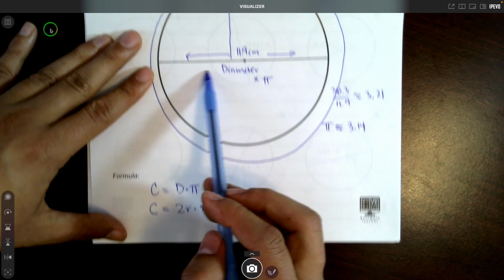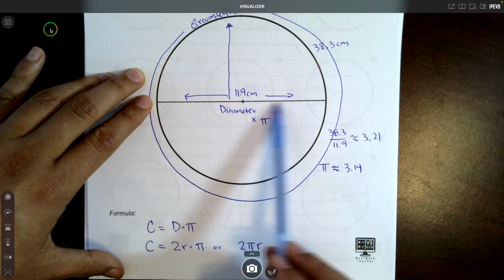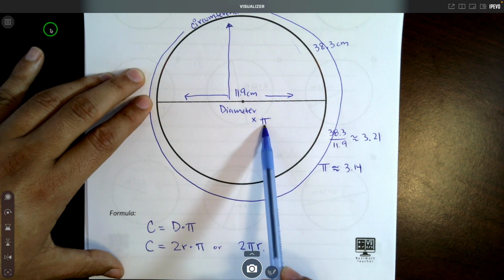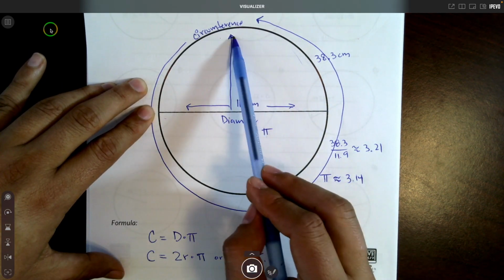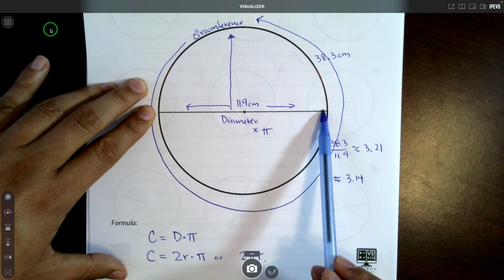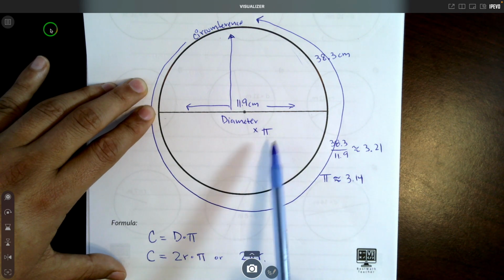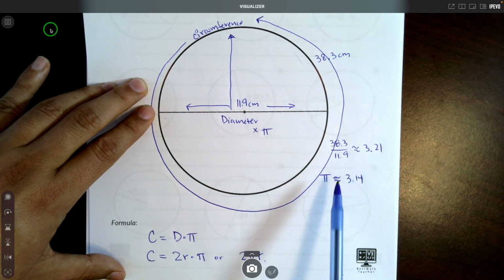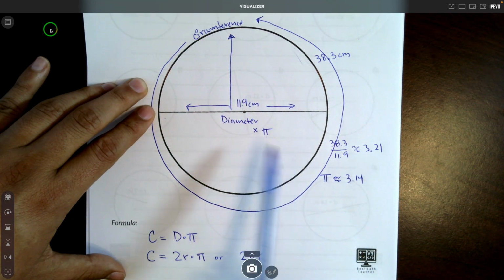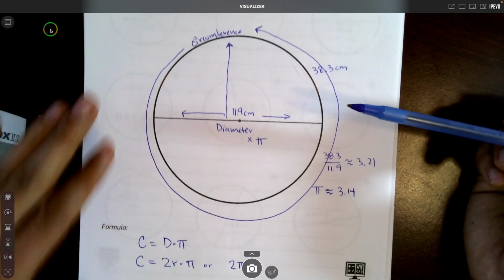But the truth is, it's the diameter times pi. And that's the relationship between all circles. You can measure the diameter, multiply it times 3.14, and then you get the circumference. Or if you know the circumference, you can divide by pi, and it'll get you the diameter.